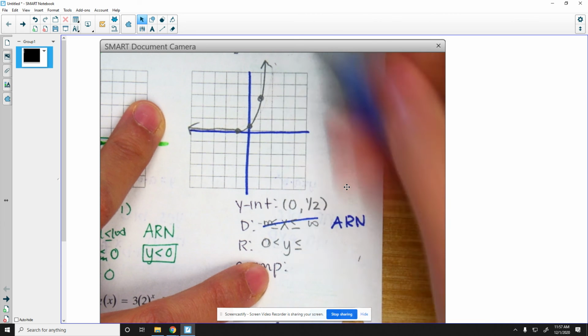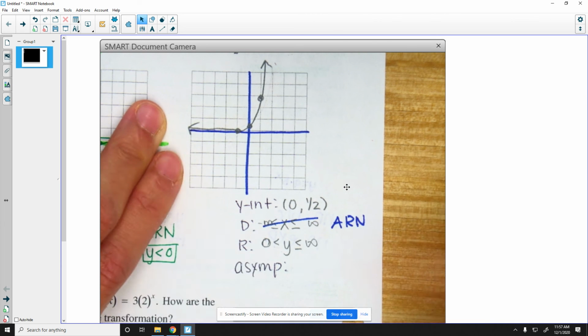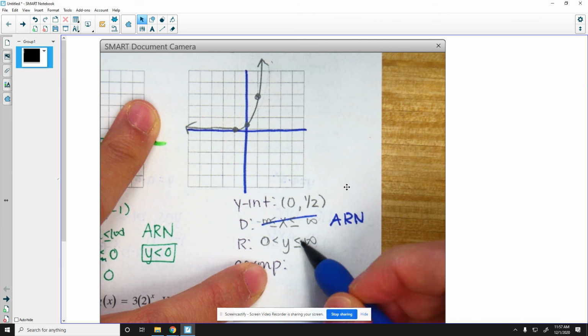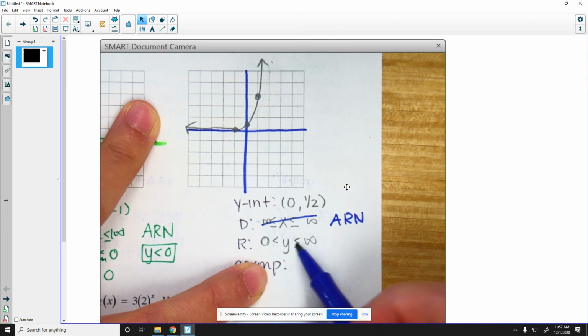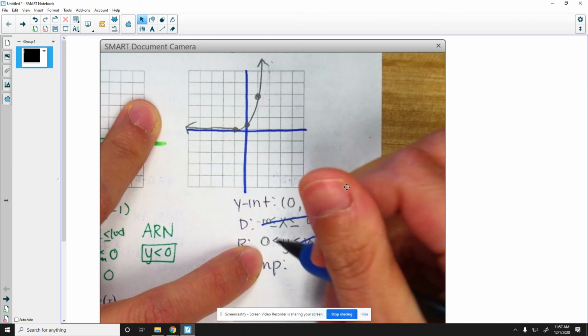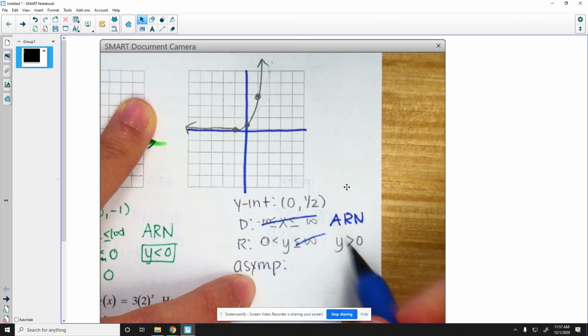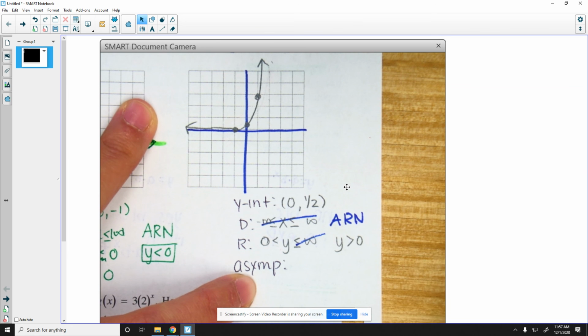And then how far high do you go? Infinity and beyond. So if you have infinity on one side, you can just cross it out. So your final answer is 0 is less than y, or y is greater than 0. Either one is fine. Just make sure it's not or equal to, it's just greater than.